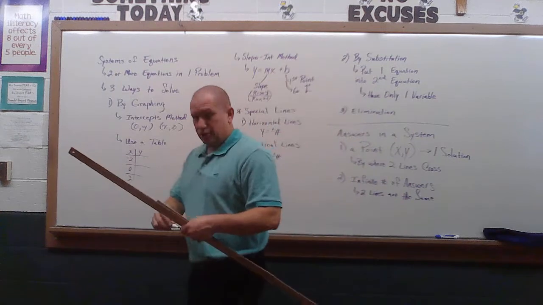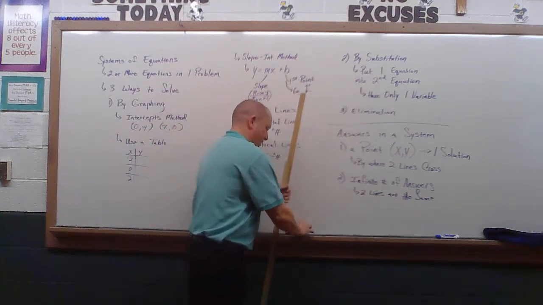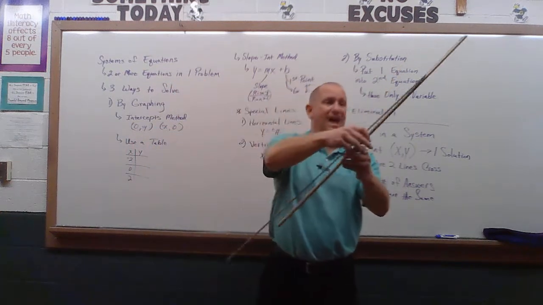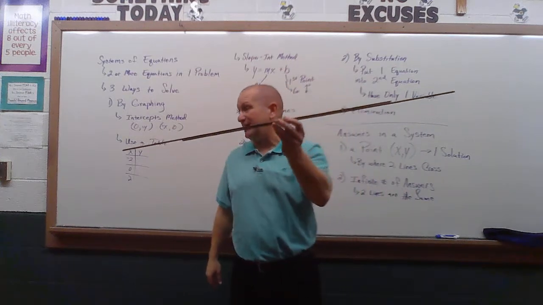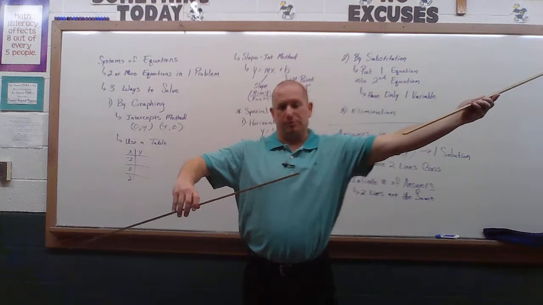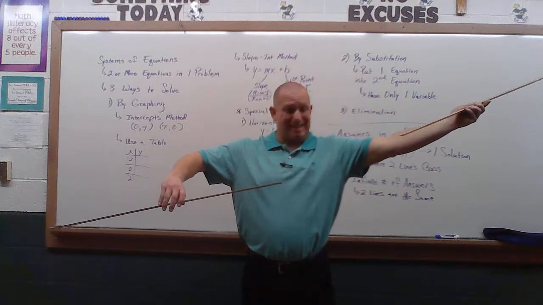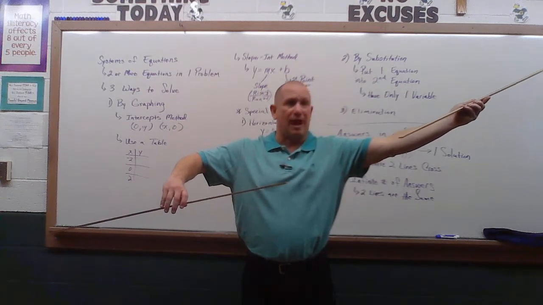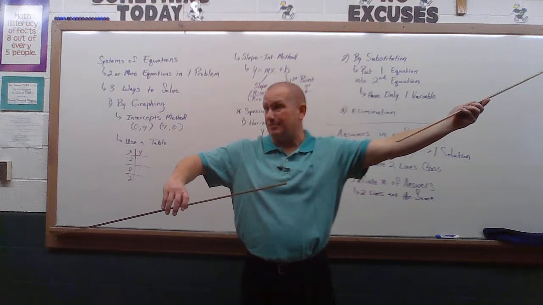Now here's the tricky part of this one. Sometimes they might not actually lie on top of each other, so you might not see that they're the exact same line. One of them could be over here, and one of them could be over here, and there could be a gap in between them. But how could I know that they're possibly the same line?